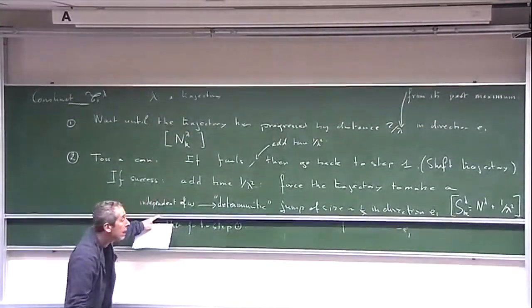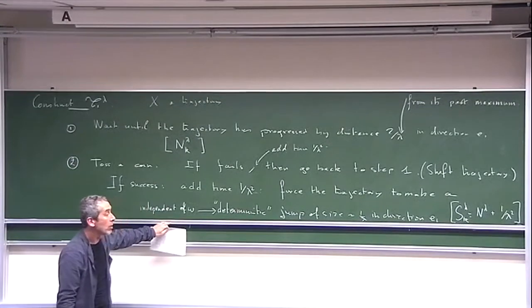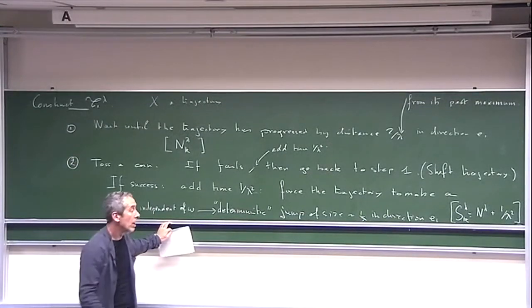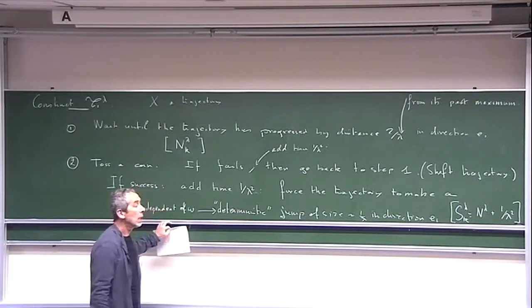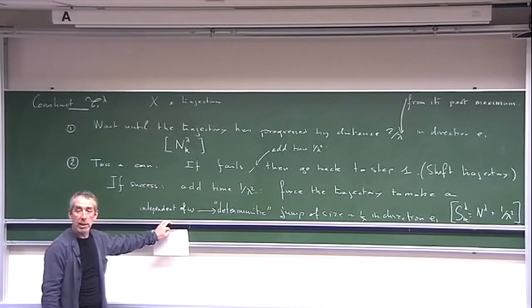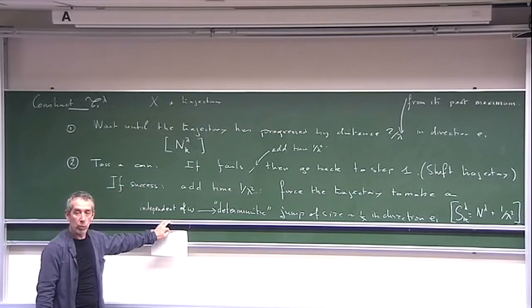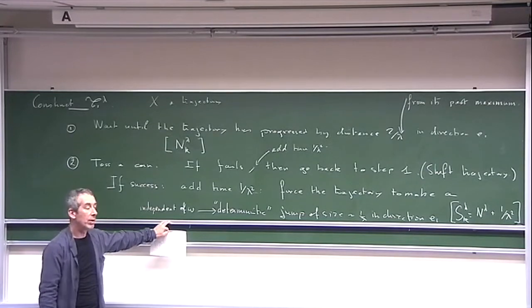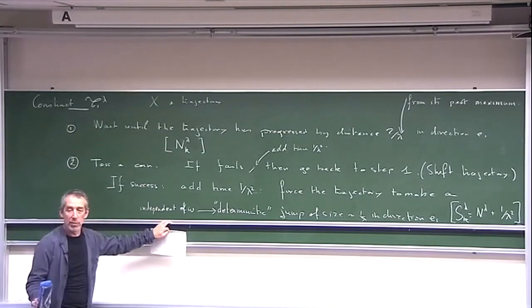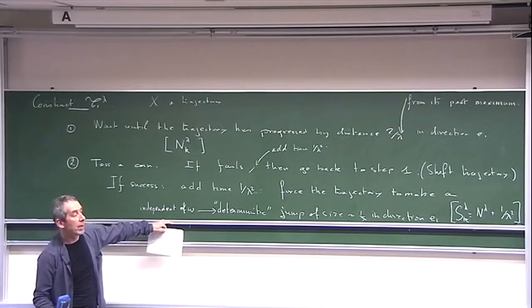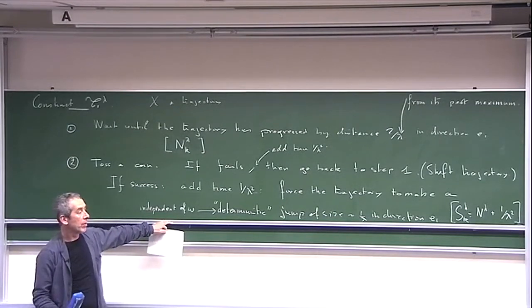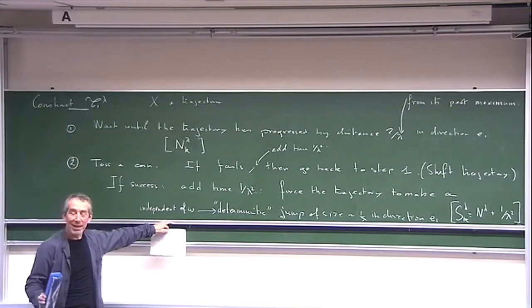Now I see it's almost time for the break, but maybe before we make the break, do you have any question? Is it clear? I mean, at this point, the definition should be more or less clear. Actually, it's not completely clear.